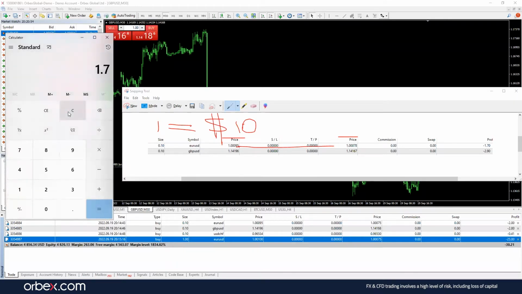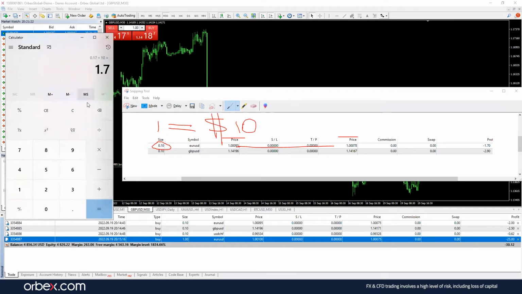So 1.7, and we said per one lot, it's $10. But this is 0.1 lot. So this will mean that it's a bit less. So we then multiply by 0.10 and then multiply that by $10. Now, the reason I multiply it by $10 is because for every one lot, it's $10.